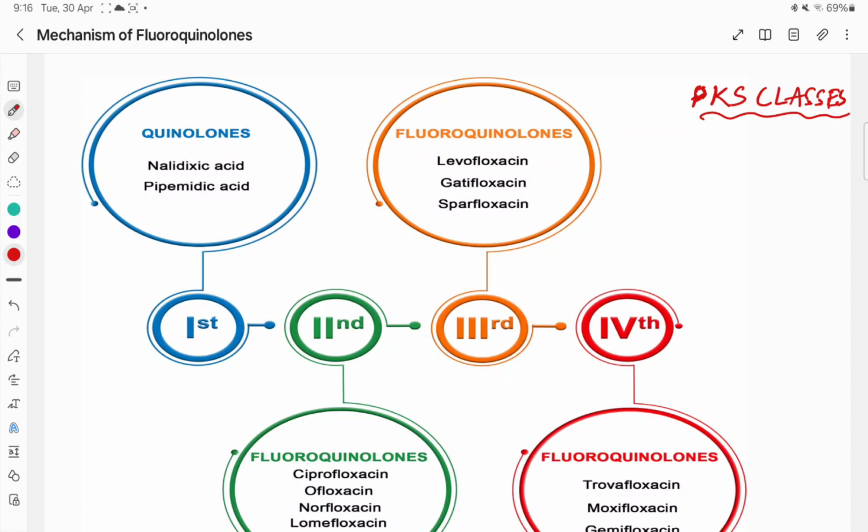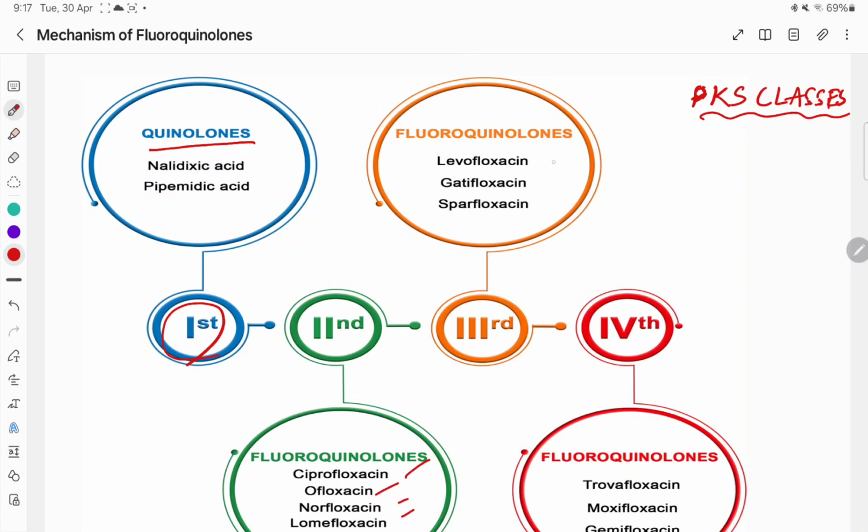Today we'll study the mechanism of fluoroquinolones. We'll also study the classification of quinolones and fluoroquinolones. The first generation of these drugs are the quinolones, for example nalidixic acid, pipemidic acid. Then the second generation: ciprofloxacin, ofloxacin, norfloxacin, lomefloxacin.